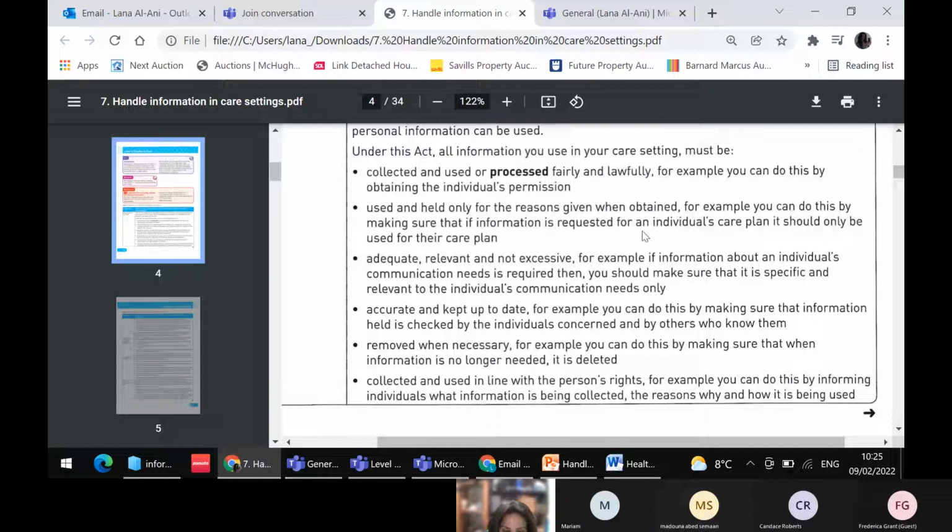For example, we can only do this by making sure that the information is requested for an individual care plan. So we take this information for a reason, which is being requested by the care plan. So we have for every client a specific care plan.